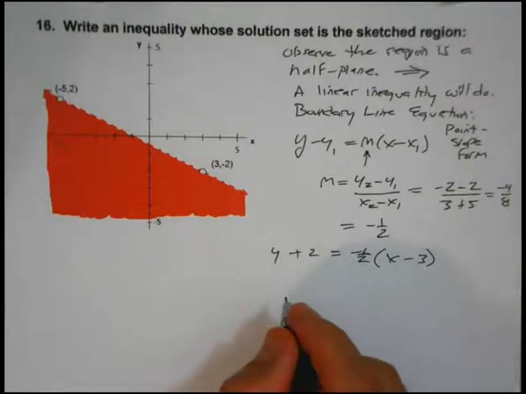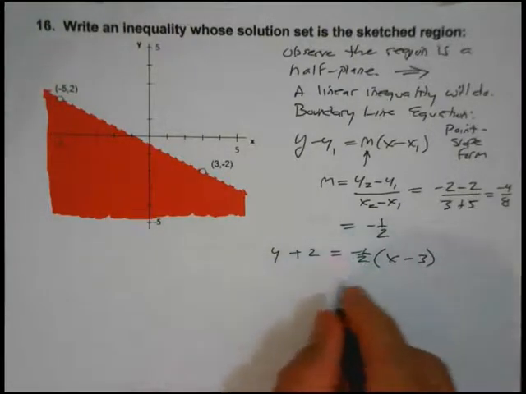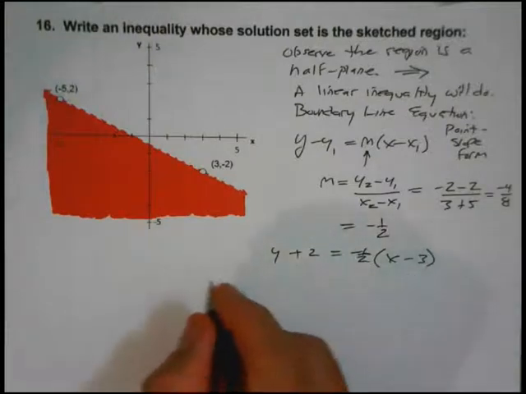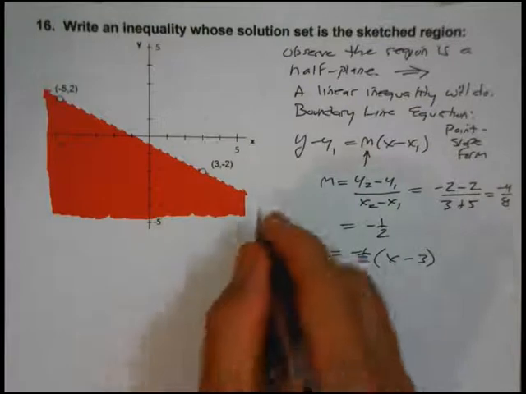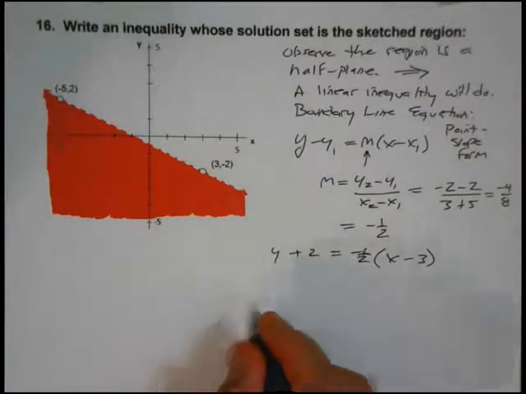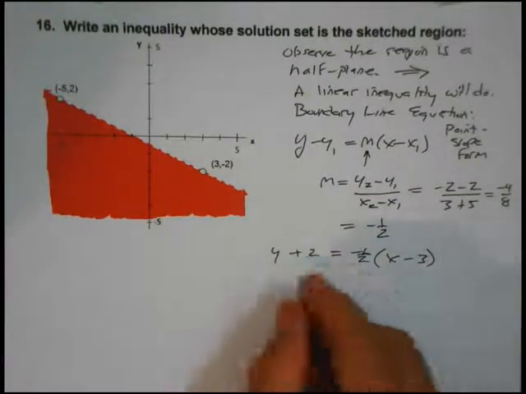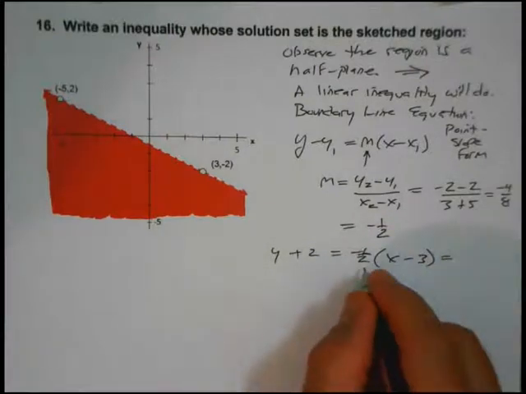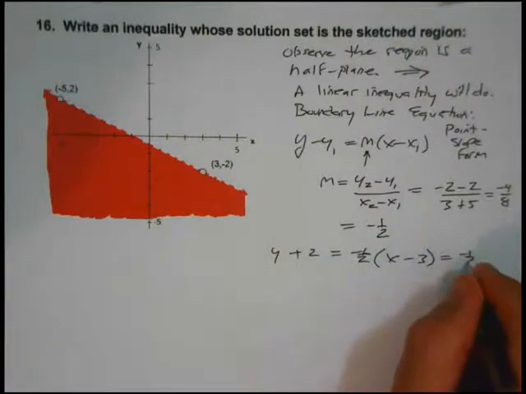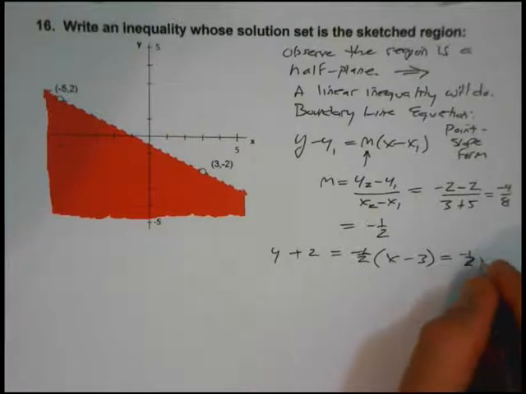Alright, and perhaps it'll be convenient for us to have the y solved for here, so then we can get our inequality by thinking in terms of above the line or below the line kind of thinking. So let's solve this for y. Then I'll expand this a little further, and this is negative 1/2 x, and then plus 3/2.